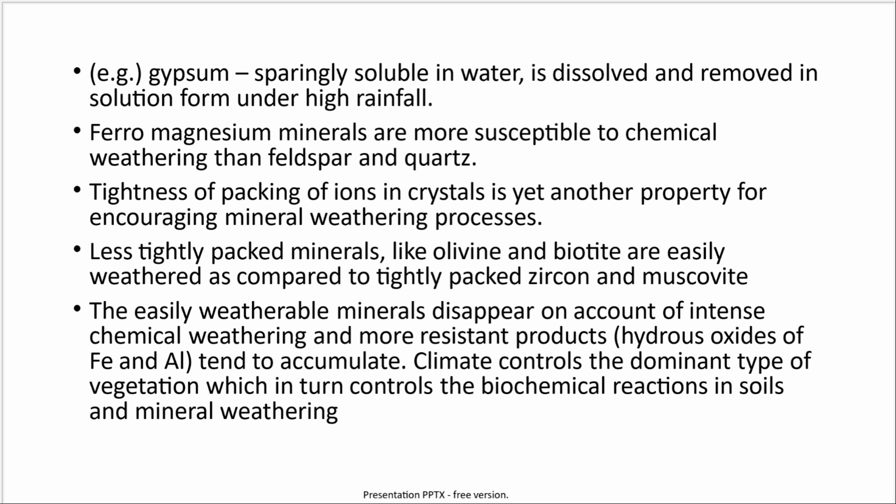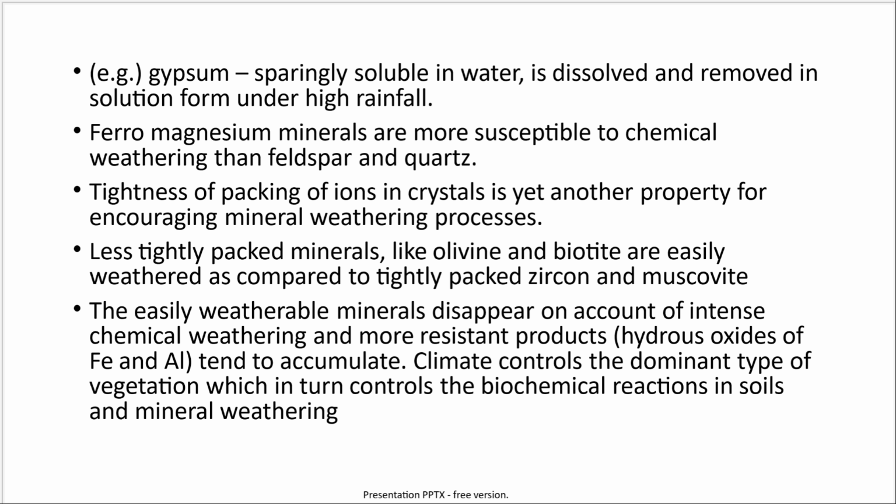That means here the chemical weathering also depends on the atomic structure of the minerals. The easily weatherable minerals disappear on account of intense chemical weathering, and more resistant products, hydrous oxides of Fe and Al, tend to accumulate. That is, as a result of chemical weathering, more reactive minerals disappear and more stable compounds are formed.